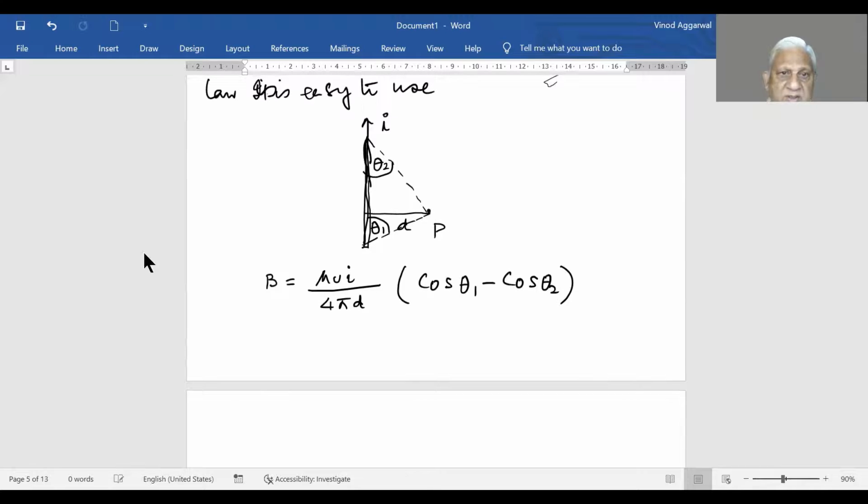So what this says is that if you have a finite length of conductor, let us say L is the length of the conductor, and you have current I passing through it, then the magnetic field due to this piece of conductor at point P, which is at a perpendicular distance of d, is given by this formula. d is this distance.